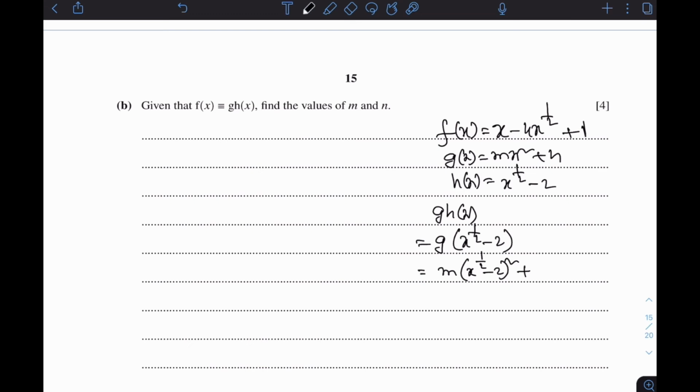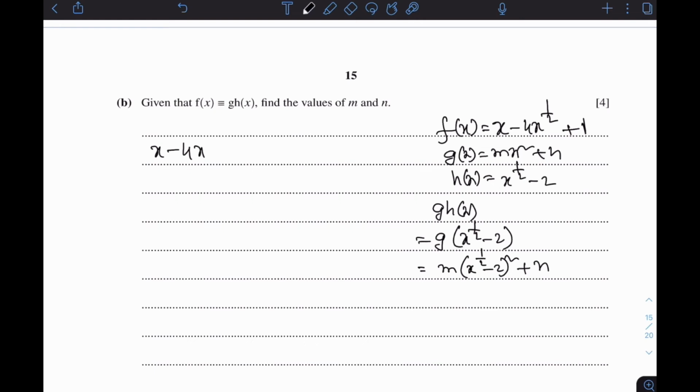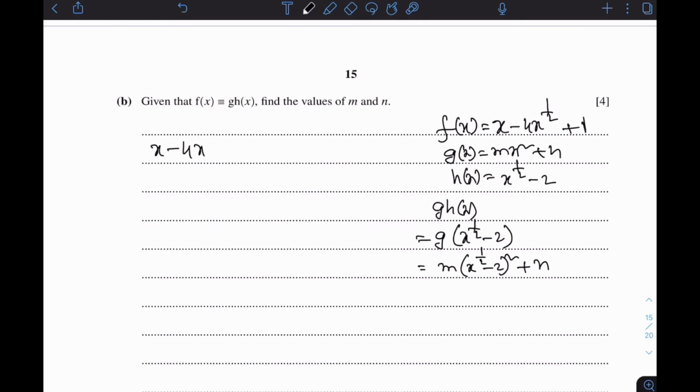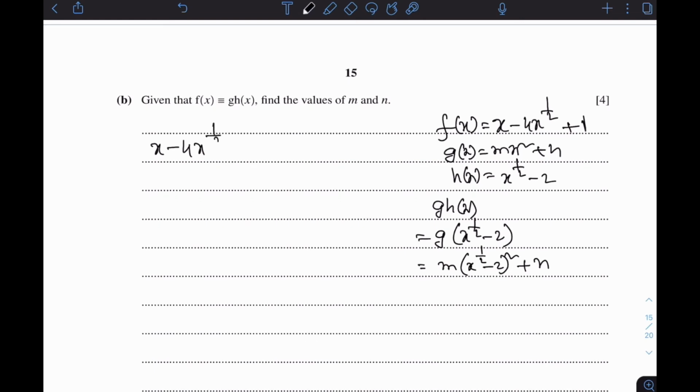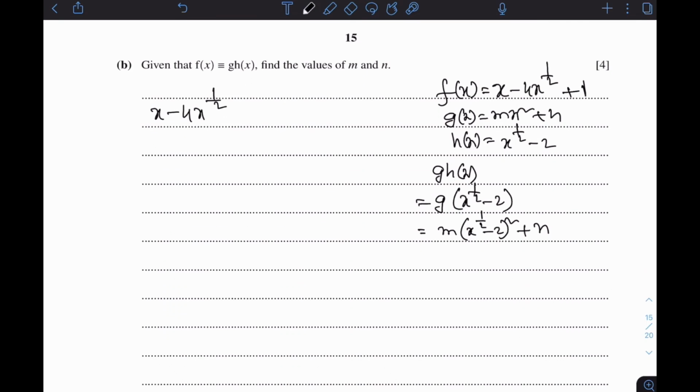Okay, this is n. Now f(x) equals g(h(x)). So f(x) is x minus 4 x to the power half plus 1 equals m (x to the power half minus 2) squared plus n.